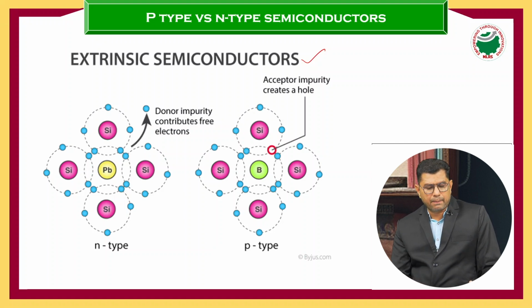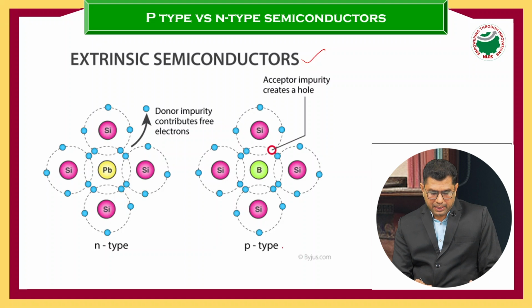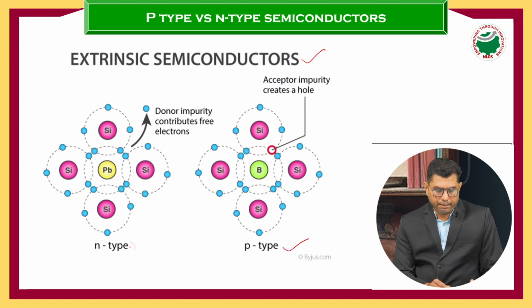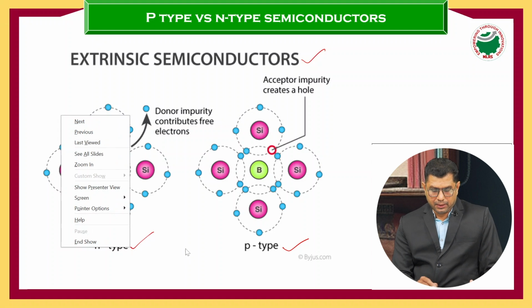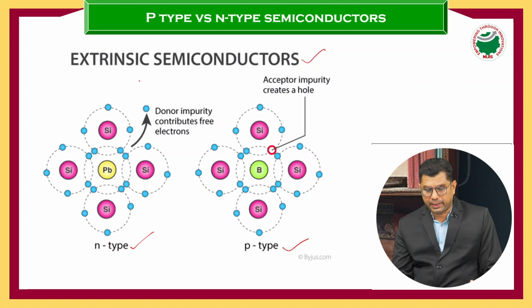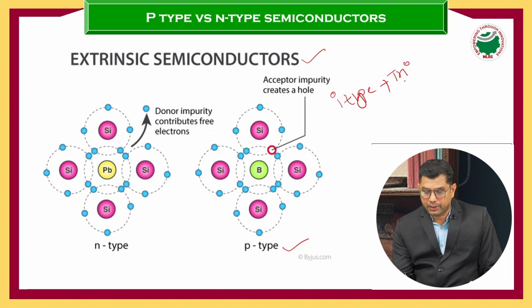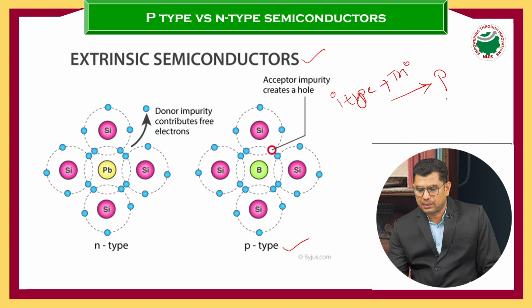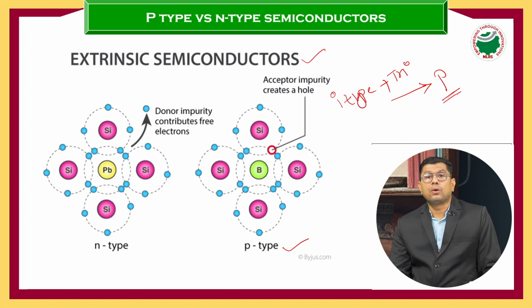When you observe combinedly, when trivalent impurity is added and when we add pentavalent impurity, in simple equation form, I-type semiconductor plus trivalent impurity gives rise to p-type semiconductor. In the name itself, holes are the majority charge carriers.